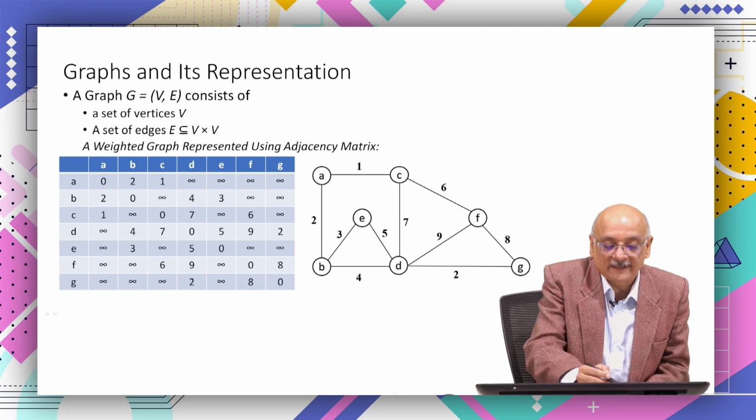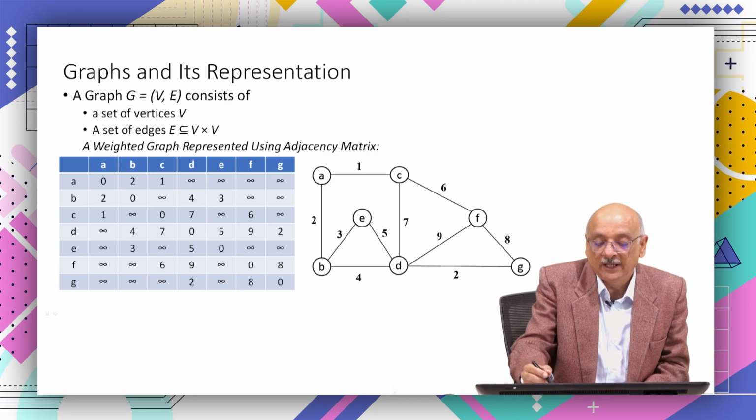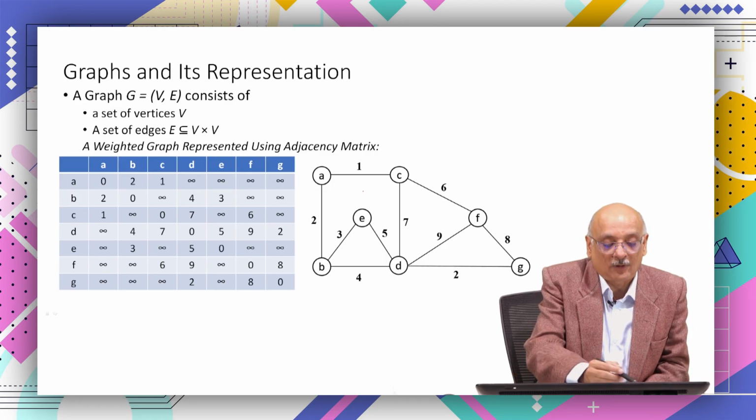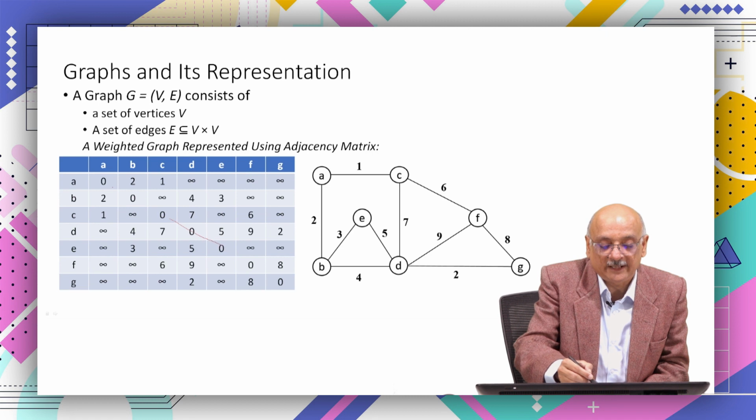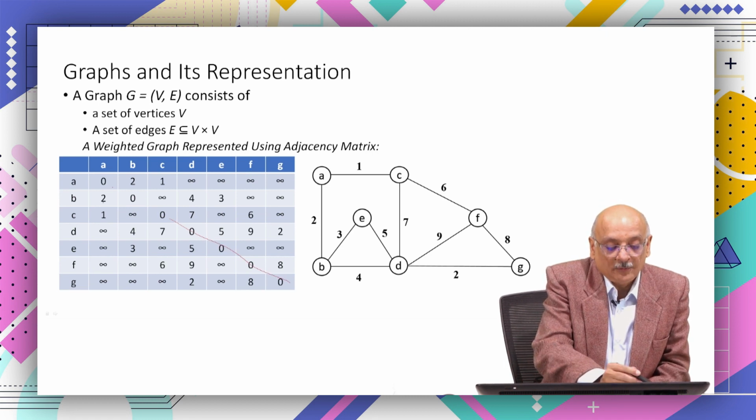It is always like that. All the diagonal elements represent B to B or C to C, and so on. There are no self edges, so the diagonal elements are zeros.